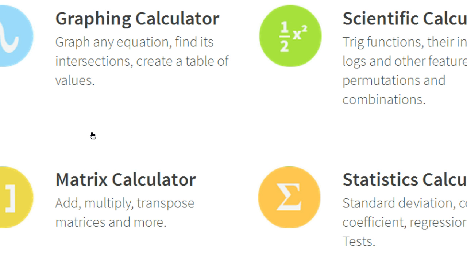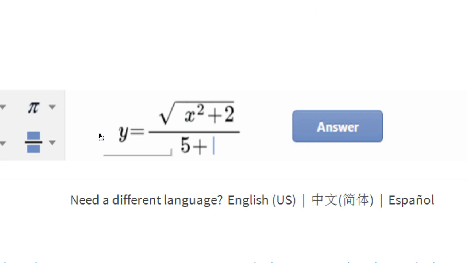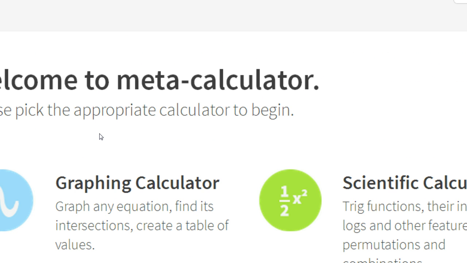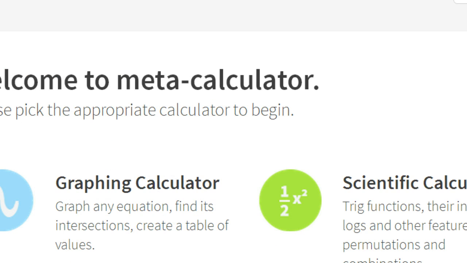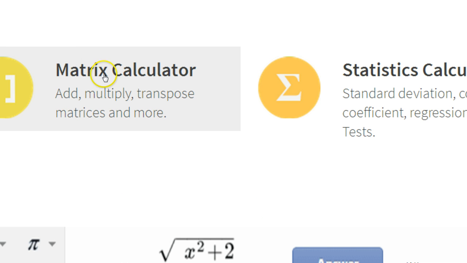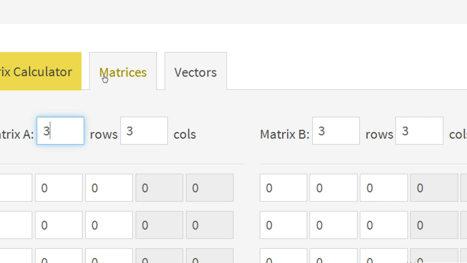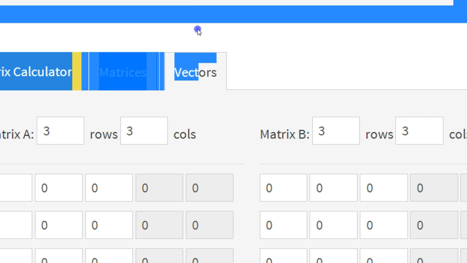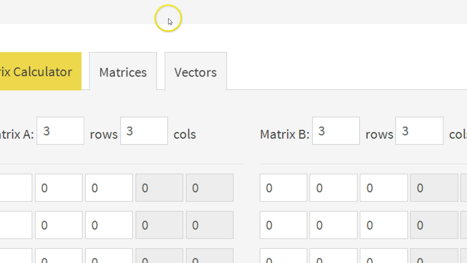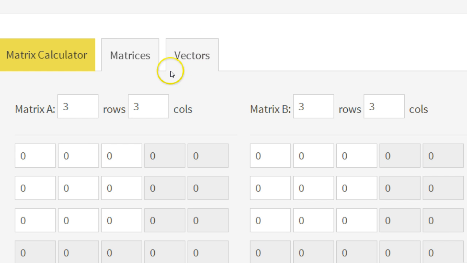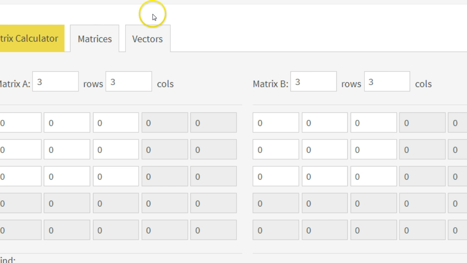And apparently it's taking a little bit longer. Oh, there we go. I'll shrink it down a little bit so you can see it.